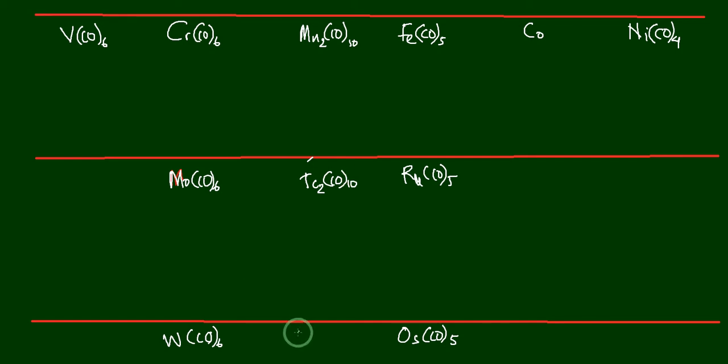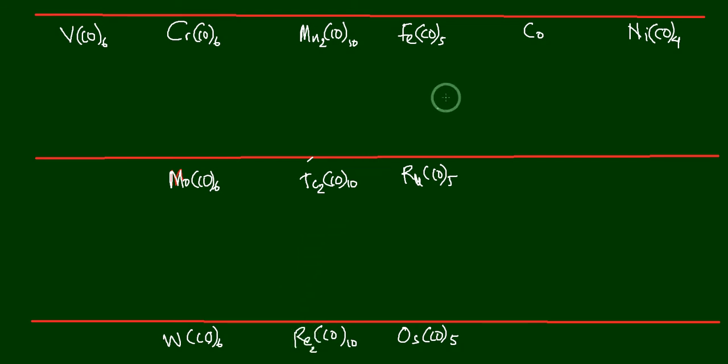Then rhenium also gives a polynuclear carbonyl complex, Re2(CO)10. So all these give polynuclear carbonyl complexes. This is very easy to remember: Mn2(CO)10, Tc2(CO)10, Re2(CO)10.